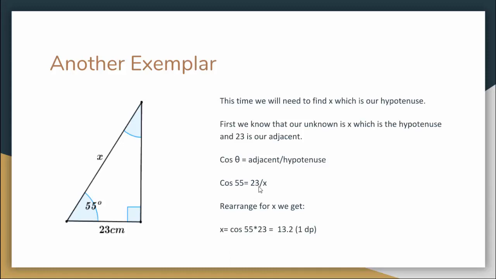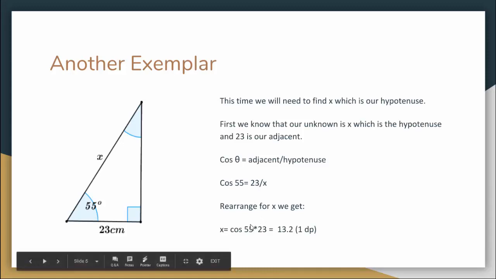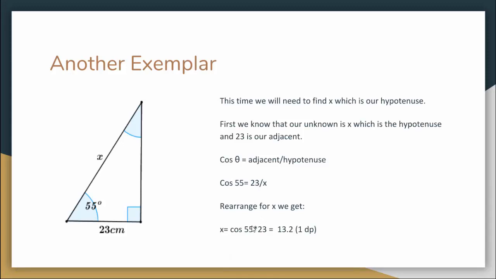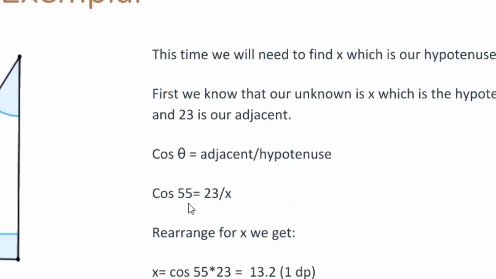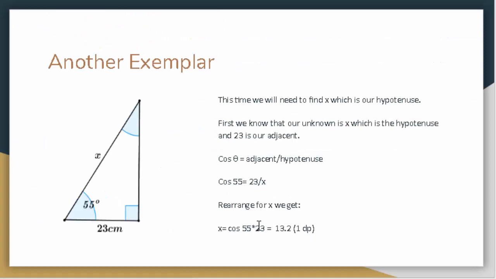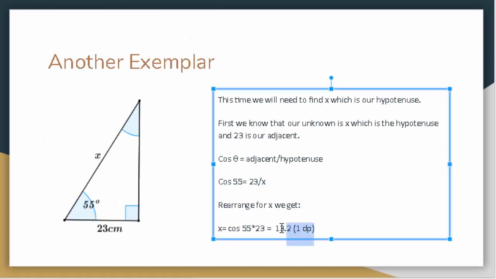Hang on, this isn't correct. This must be our mistake. The x and the cos 55 should have swapped around. So it would be 23 divided by cos 55.